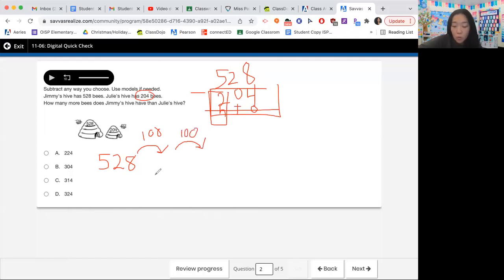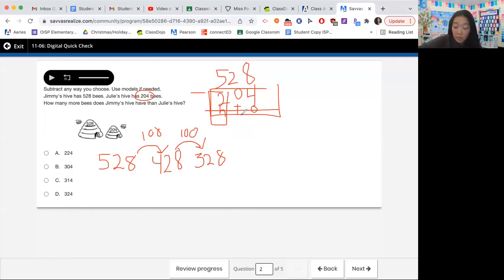So what is 528 minus 100? 428. Very good. What is 428 minus 100? 328. Very good. Now, how many tens do we have in the tens place? 0.